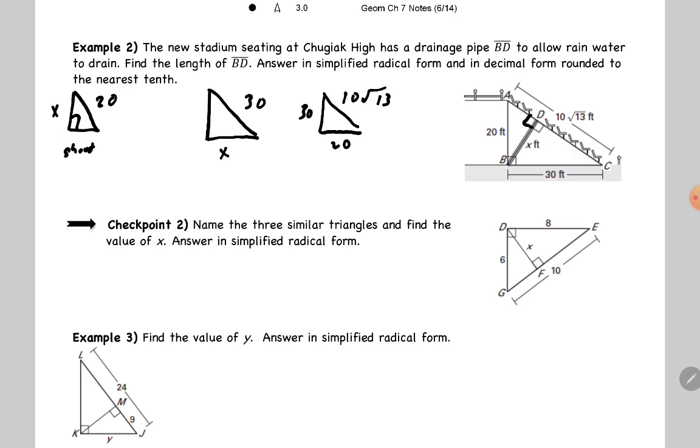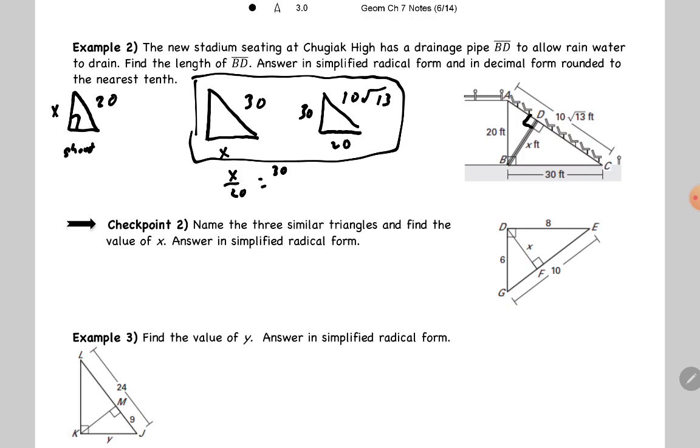Okay, so now I can create a proportion in order to find x. So I can use either the two triangles on the right or the triangle on the left and the big triangle. I'm going to use these two triangles. So I'm going to create a proportion. I'm going to do short side. So x over 20 equals hypotenuse 30.